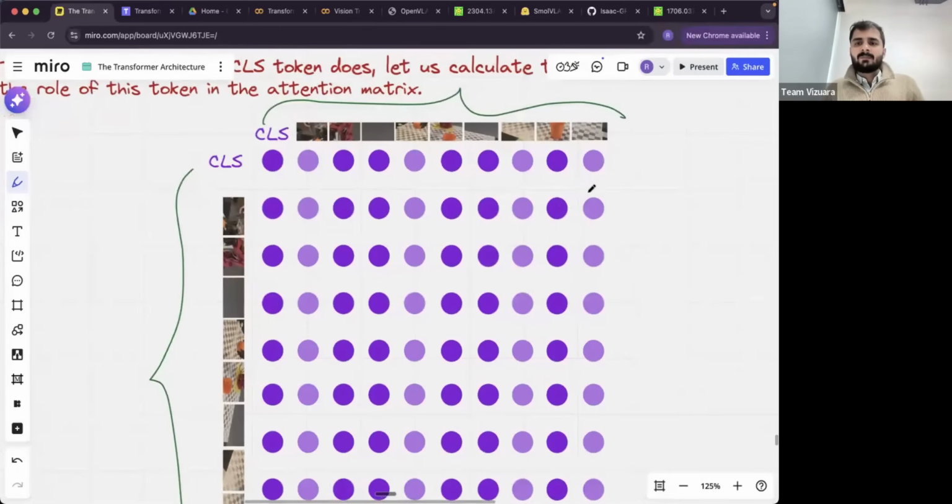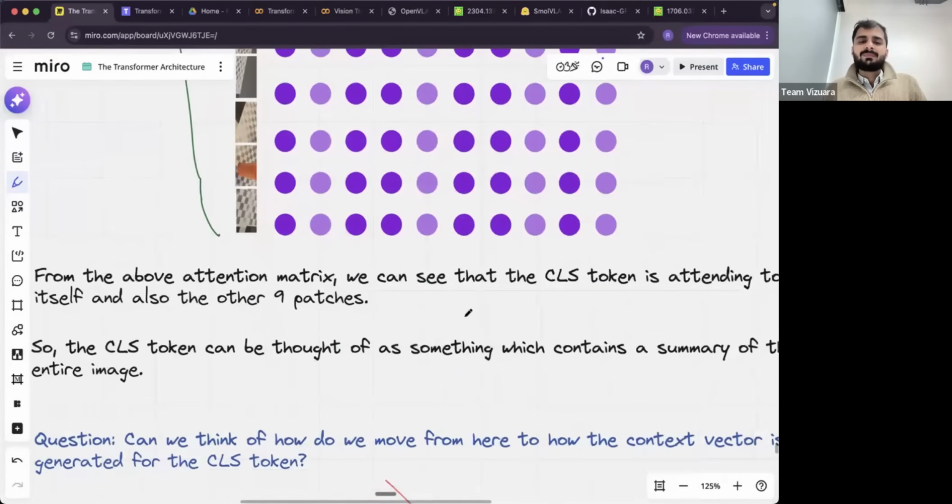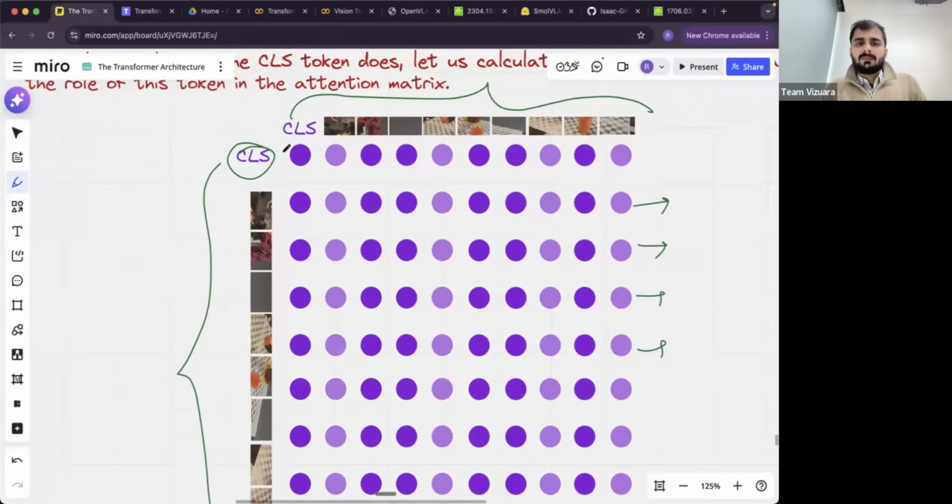Now what we do is we don't look at all these, but we only look at this CLS token, and we look at how it attends to every other token in the image. So how does it attend to this token, this, etc. And this is captured in these attention scores. So these attention scores are capturing how this CLS token is related to every other token or patch which you see in the image.